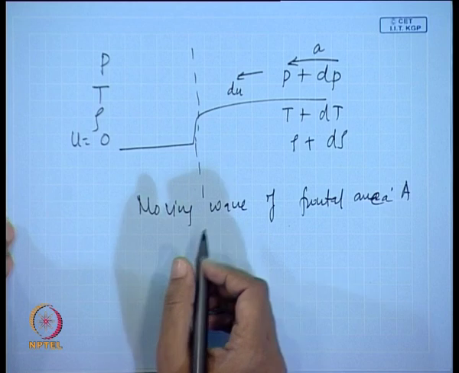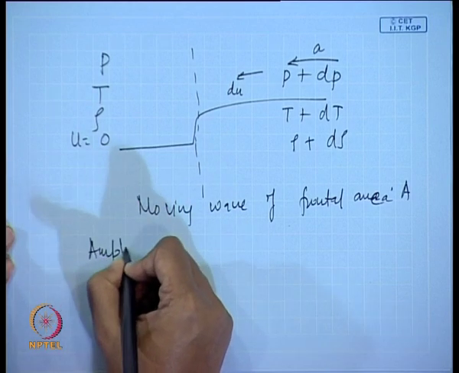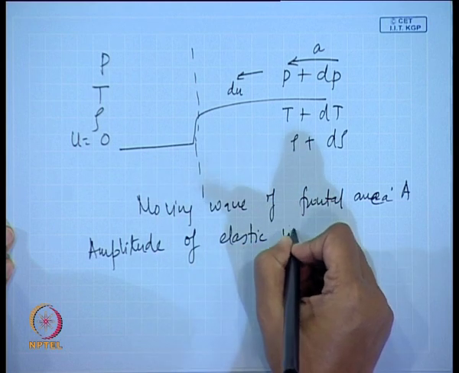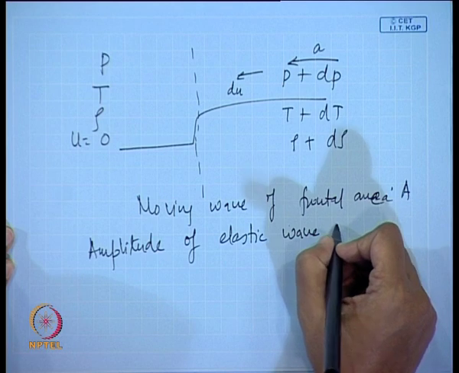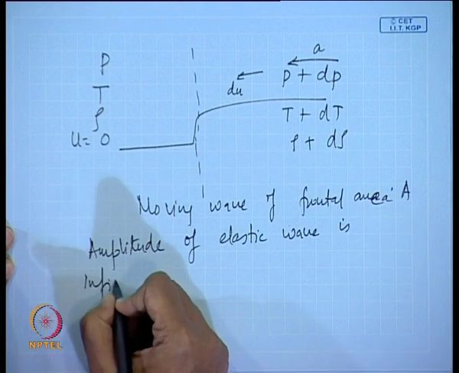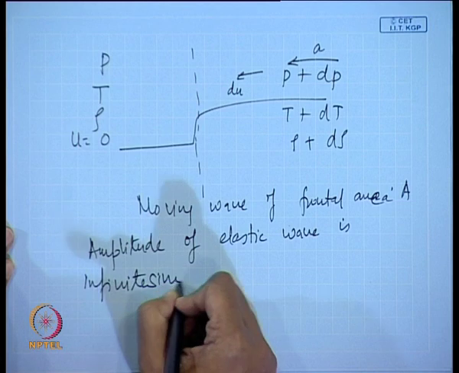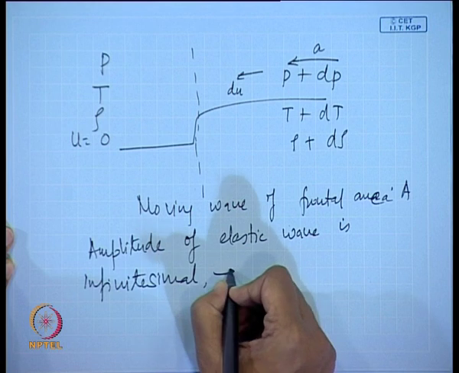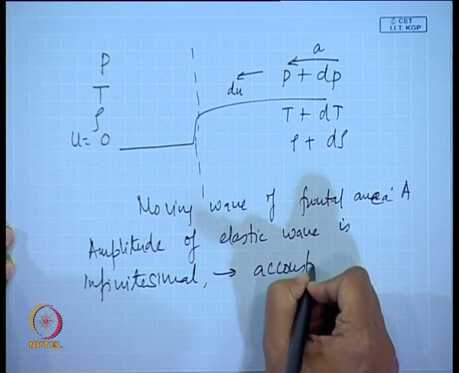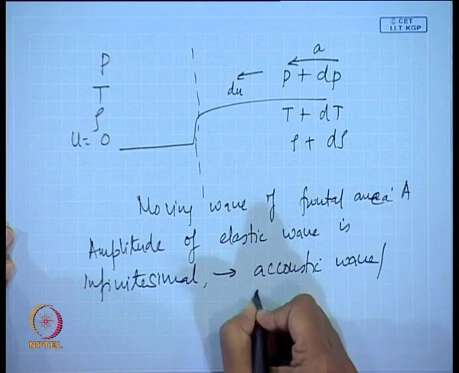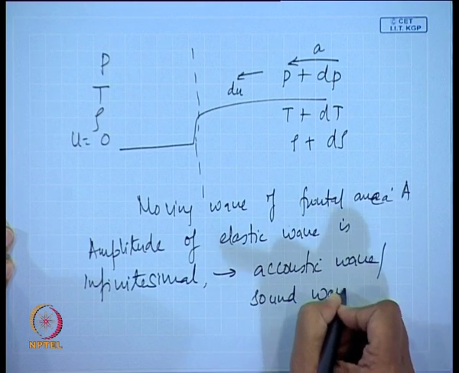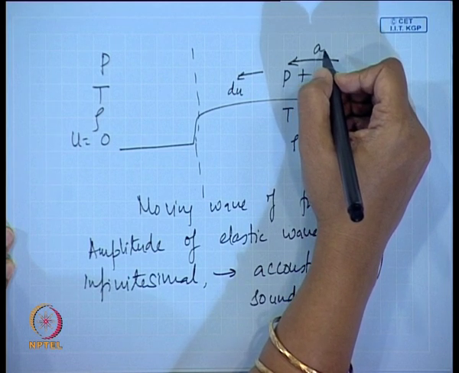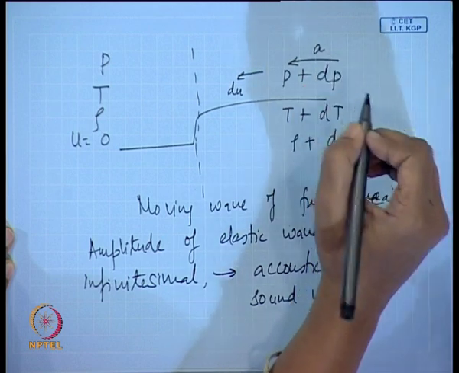Now, assuming that the amplitude of the elastic wave is infinitesimal, we can assume it to be an acoustic wave or a sound wave, as a result of which its velocity can be defined as A, the acoustic velocity in that medium under those conditions.